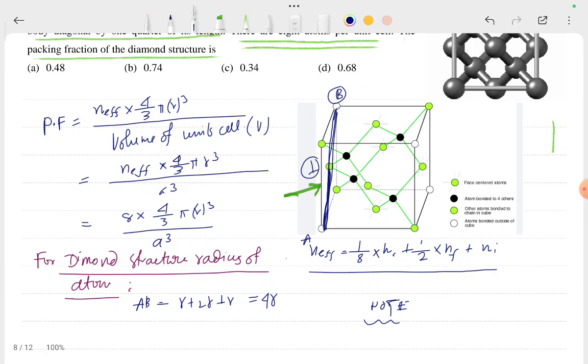I can feel that. That's why I have a plan to discuss everything about diamond structures.